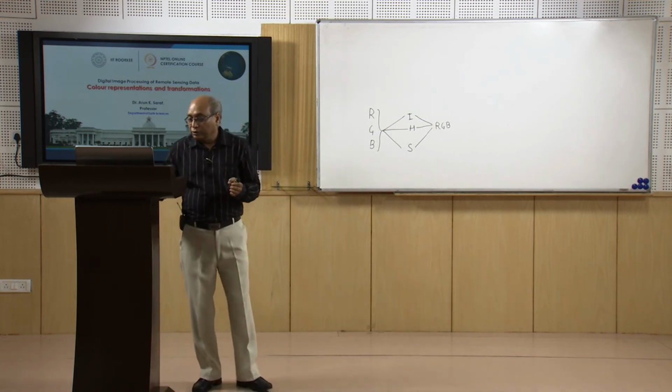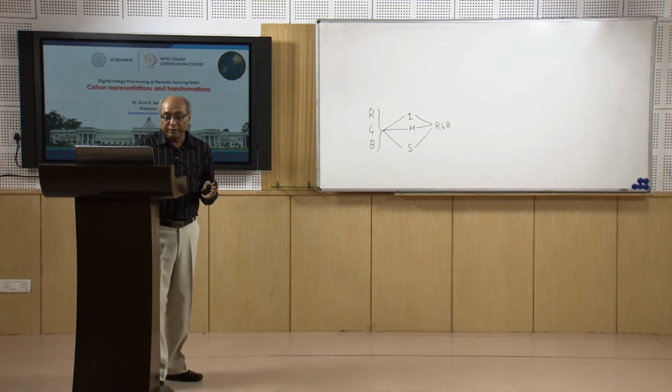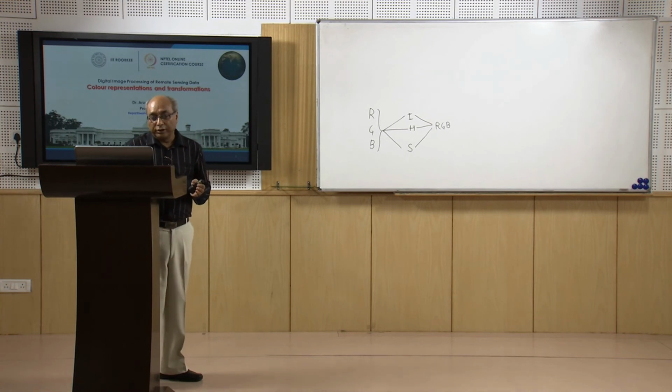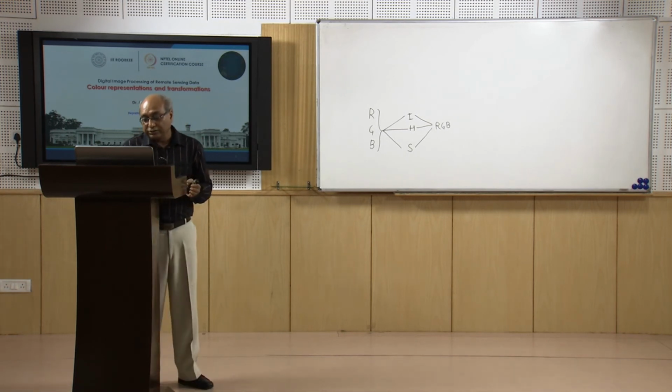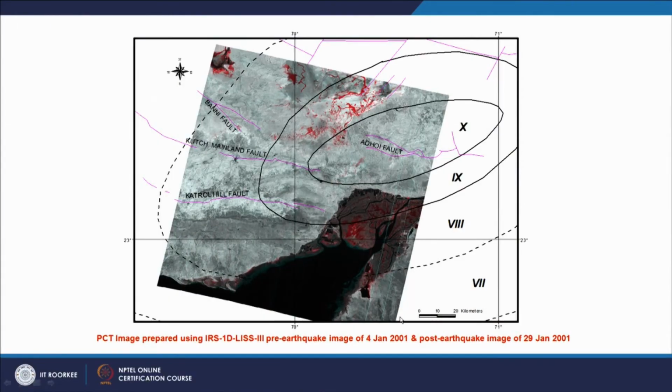And so for the pre-earthquake image, which was of 4th January 2001, you might be remembering the Bhuj earthquake occurred on 26 January 2001. So roughly 22 days before the earthquake, there was one recording, an IRS LISS-3 image.